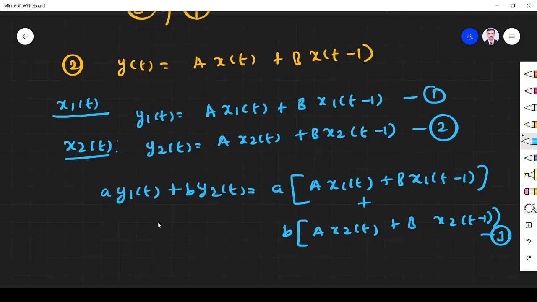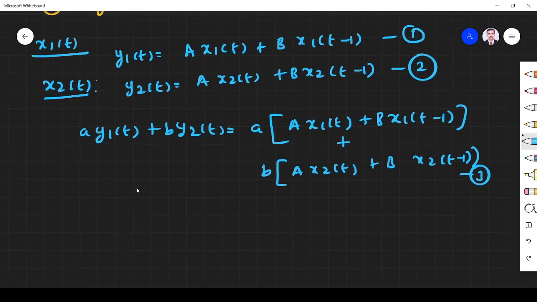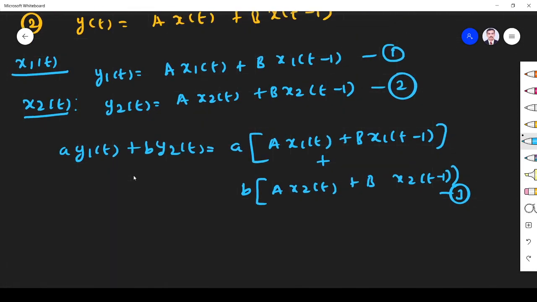Now what I have to do? This is the weighted sum of output. Now I have to find the output due to weighted sum of input. What is my input now? a x1 of t plus b x2 of t. That is the input I have to give.